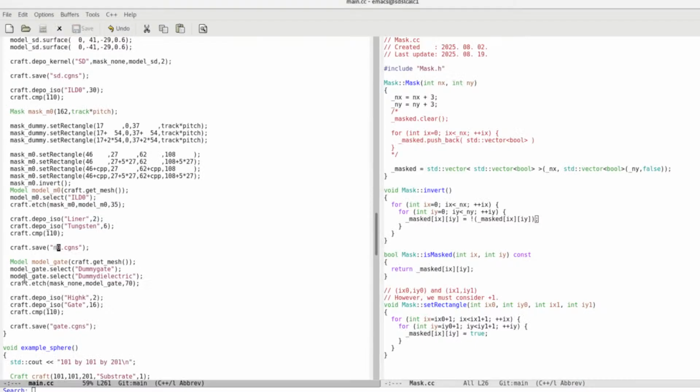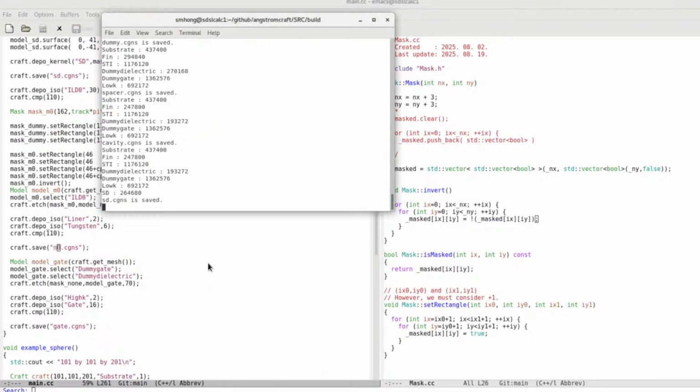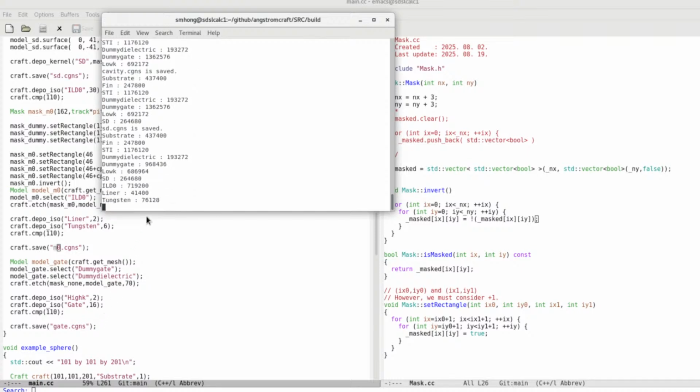And after that, we will make the dummy gate removal, and also high K and gate metal will be deposited and CMP is done. So we just wait for M0.cgns and gate.cgns to be ready. Okay, so now we are at the final stage of this emulation.